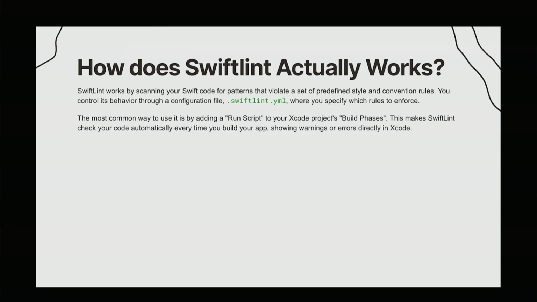So let's talk about how SwiftLint actually works, because our topic today is SwiftLint and SwiftSyntax. SwiftLint mainly defines the rules in a YAML file, called the .swiftlint.yml. You define the rules inside, and they have some predefined rules by default, which help you prevent things, like you can't have a line longer than 150 characters.